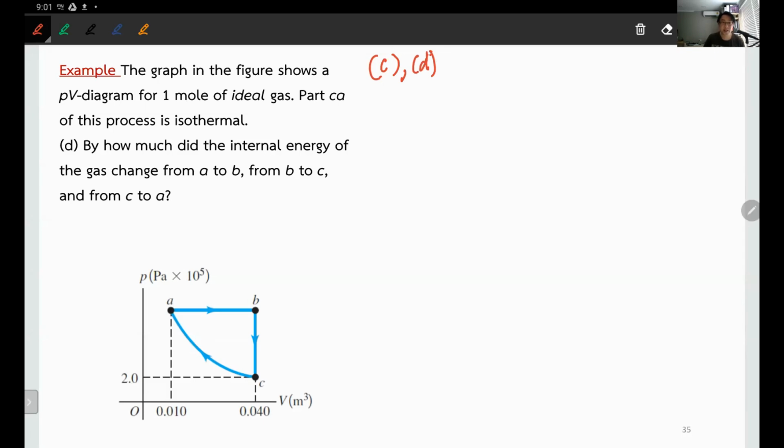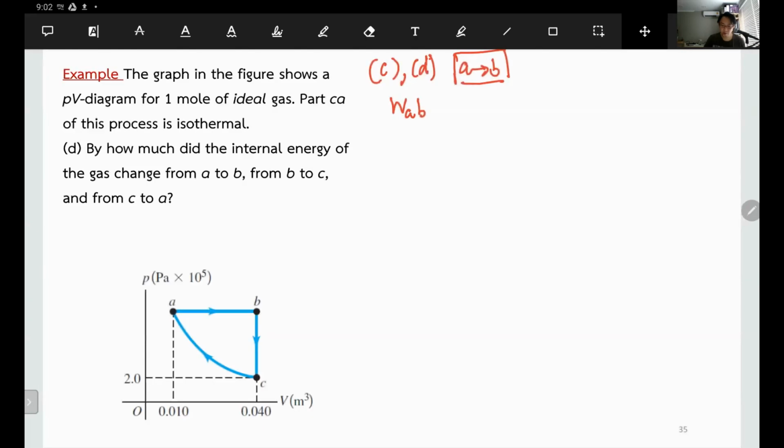All right, so let's start from A to B. I'm going to do just like what we did in the previous exercises. The easiest way is to start from the work. It's just area under the curve. That's the easy one to go to.